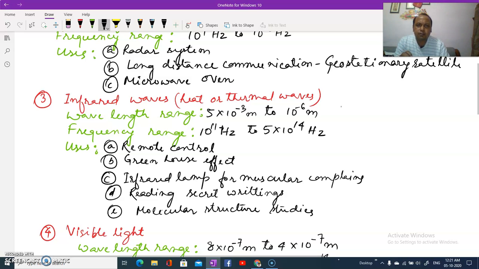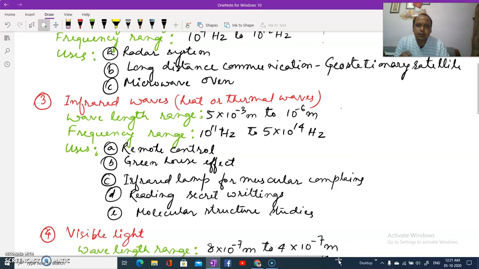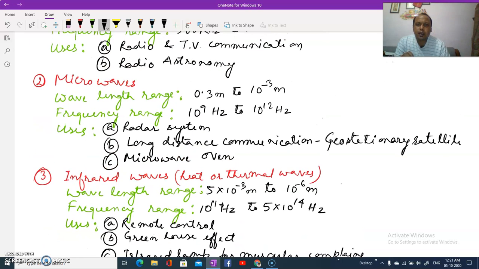Now let me tell you one thing here. See, for microwave, the frequency range is written here as 10 raised to the power 9 hertz to 10 raised to the power 12 hertz. But here the frequency range has to increase. It starts from 10 raised to the power 11 hertz to 10 raised to the power 14 hertz.